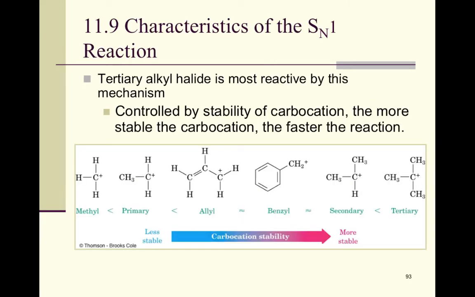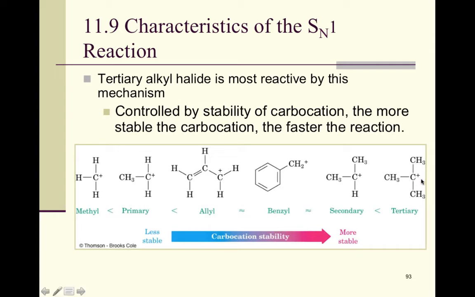Some of the characteristics of an SN1 reaction. Tertiary alkyl halide is the most reactive by this mechanism. That's because it's controlled by the stability of the carbocation. The more stable the carbocation, the faster the reaction. So we're looking at carbocation stability.